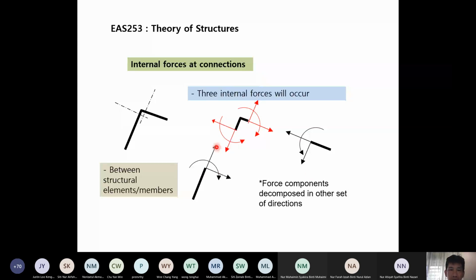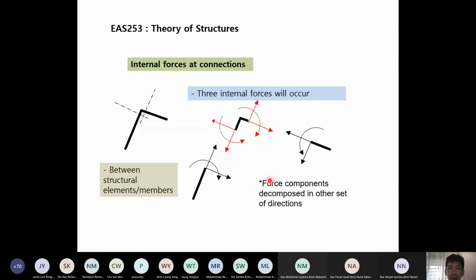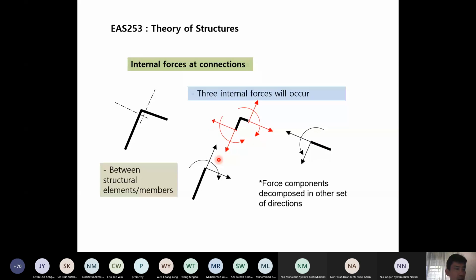But it doesn't matter whether you show it in these directions or those, there are only three independent ones. Only that we show them in different components, following different axis directions. When should we use this and when should we use that? When we go to analysis, I will explain that again.